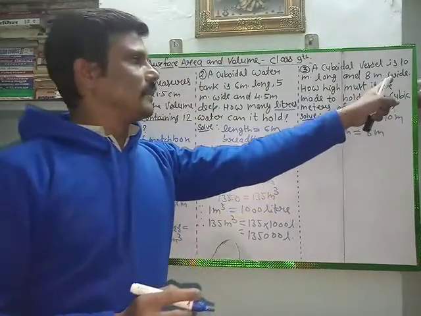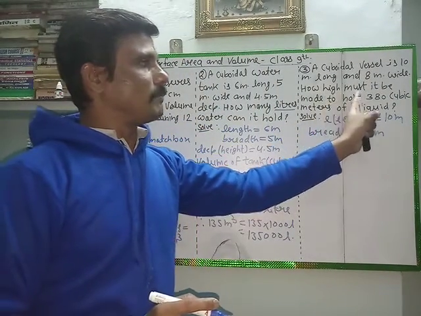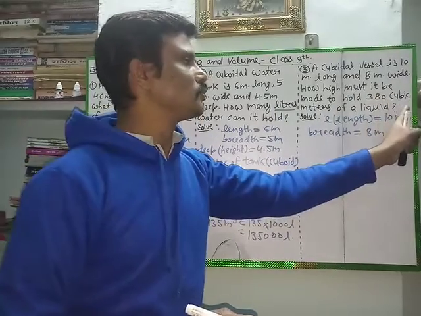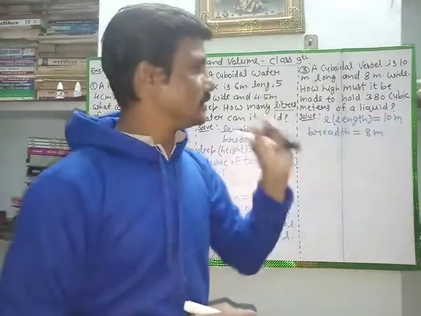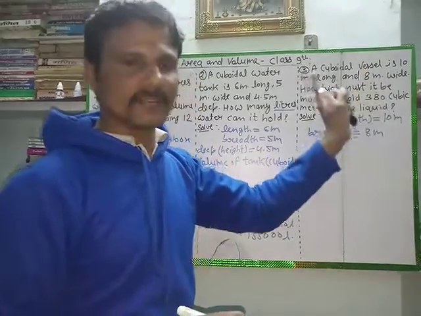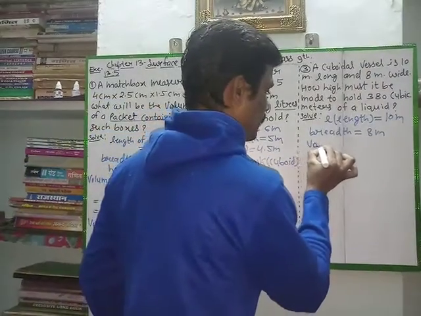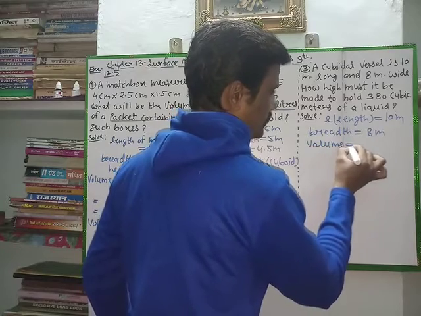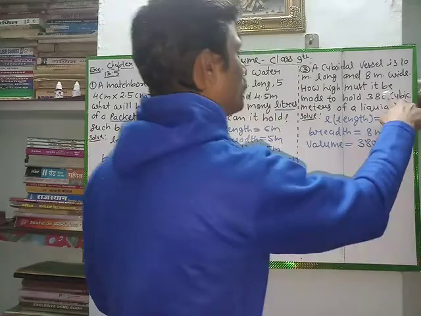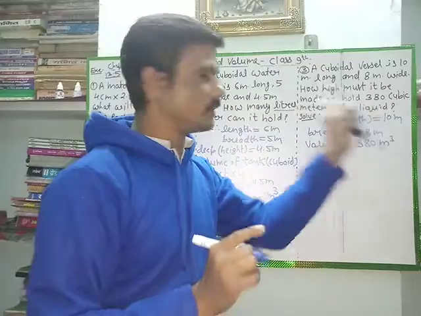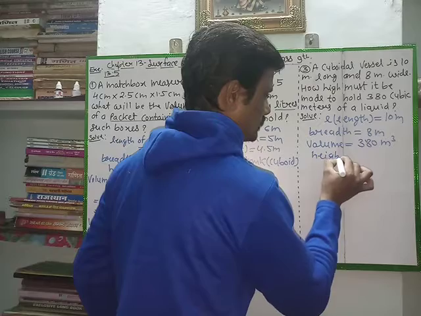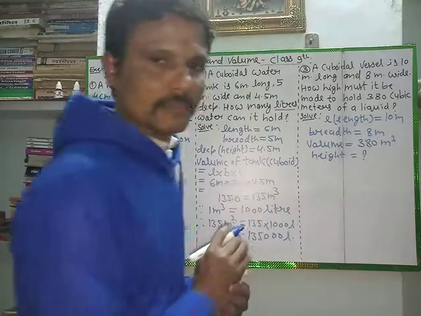How high must it be made to hold 380 cubic meter of liquid? Height is not given here, but the volume of this vessel is given. So volume is 380 meter cube. We have to calculate the height here.